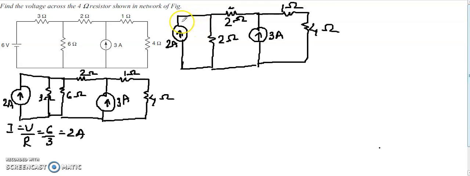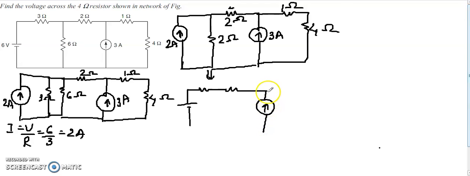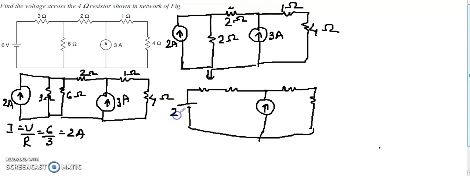So now we can rearrange this 2 ampere and 2 ohm resistor to a voltage source in series with a resistor. So we can write it as, here it is 2.